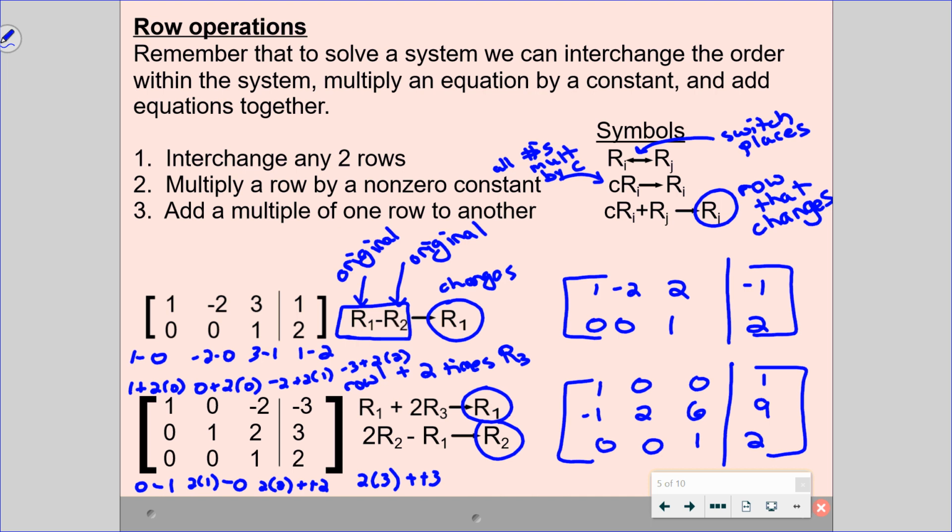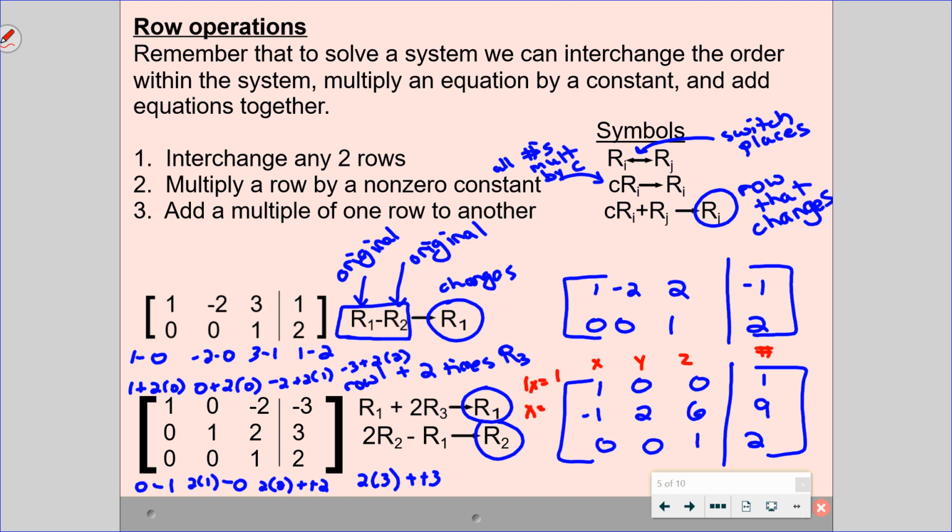Now here is a little insight into why matrices are so nice and will eventually save you time. Hypothetically, let's say these are the x's, these are the y's, these are the z's, and those are the numbers. If we were to write this equation, we would just say that 1x is equal to 1.